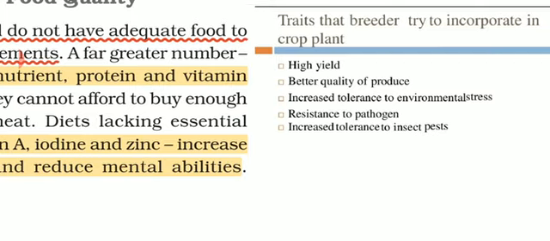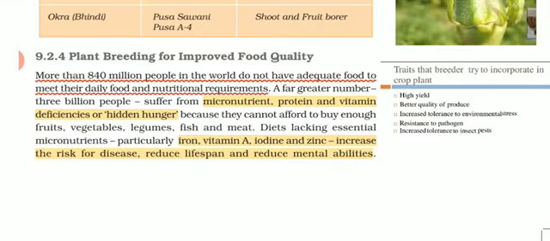This topic, biofortification, talks about how hidden hunger could be stopped. Hidden hunger means those people who are eating food but it is not nutrient rich. I'm repeating, hidden hunger means a diet which lacks adequate nutrients.